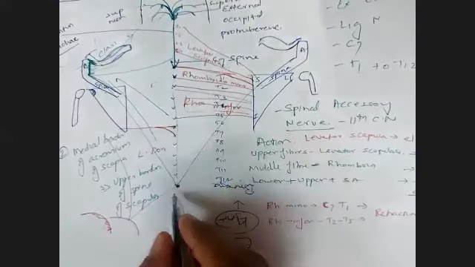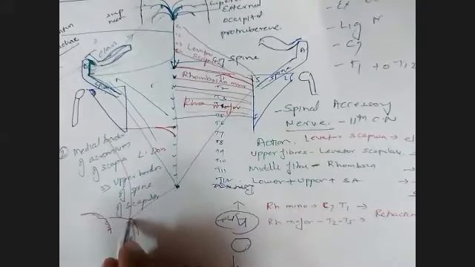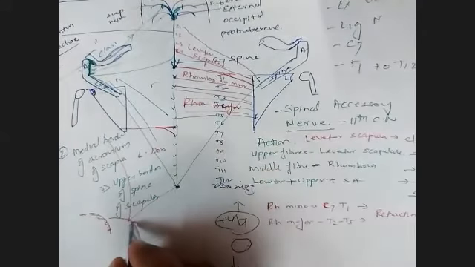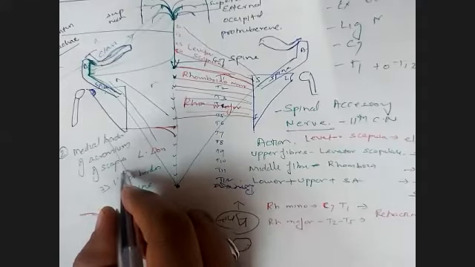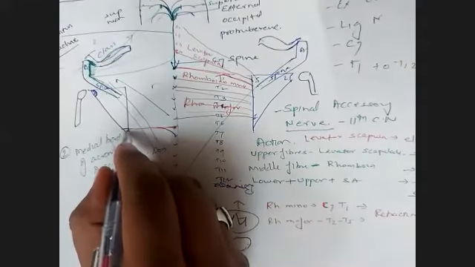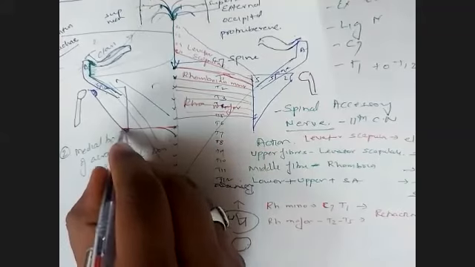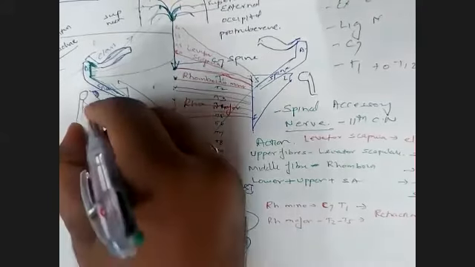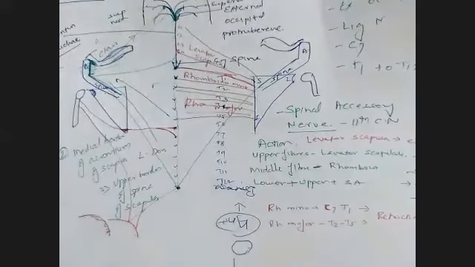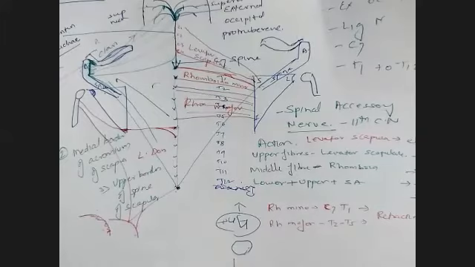T7 to T12, then lateral 1/3 of the iliac crest, the lower 4 ribs, and inferior angle of scapula. After touching the inferior angle of scapula, the latissimus dorsi goes and gets inserted on the intertubercular sulcus.